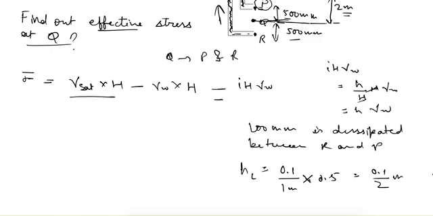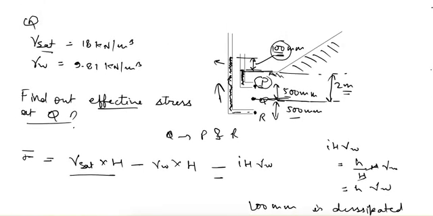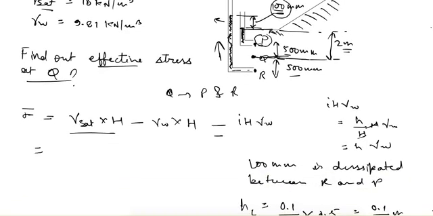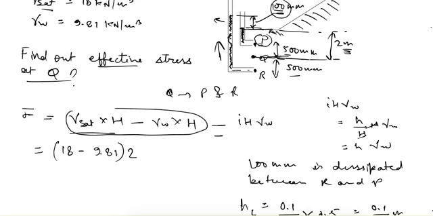Putting all these values here, we have been given the unit weights also. Gamma saturated can be written as 18 minus 9.81, into 2 meter. So for effective stress we can simply write this part as gamma submerged times the height.